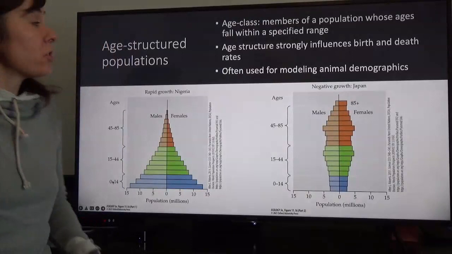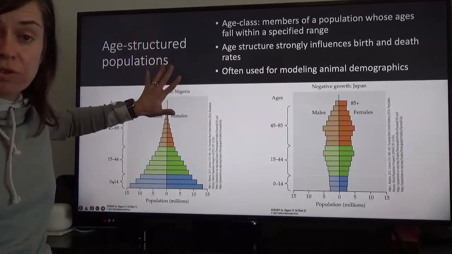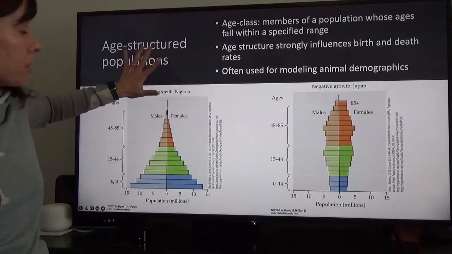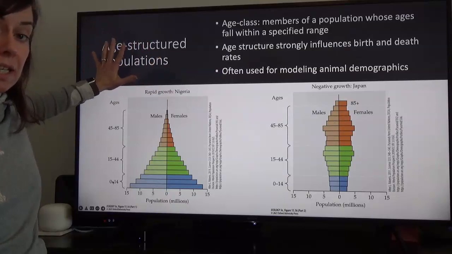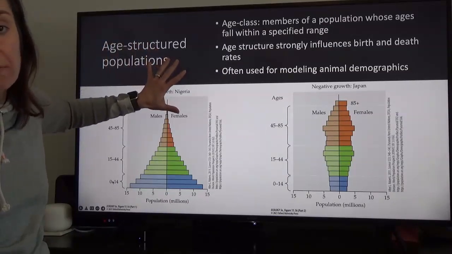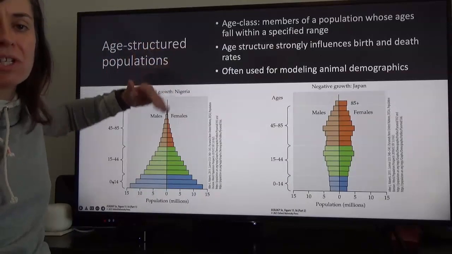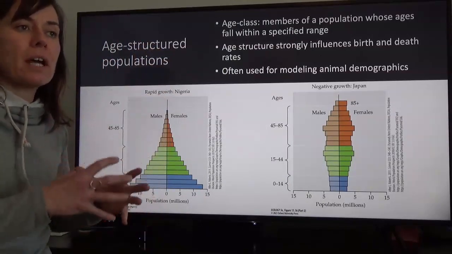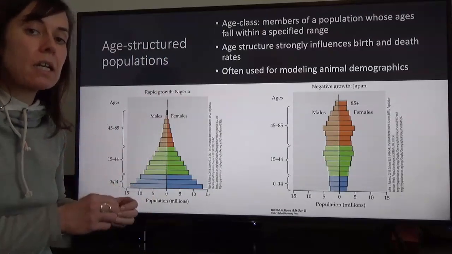Okay, and so there are two main ways that we can describe the structure of populations for life tables. One of these is age-structured populations. The other is stage-structured populations. The main difference between the two is that in one, you know the ages of the population, and so you can characterize the transitions from one age to the next.